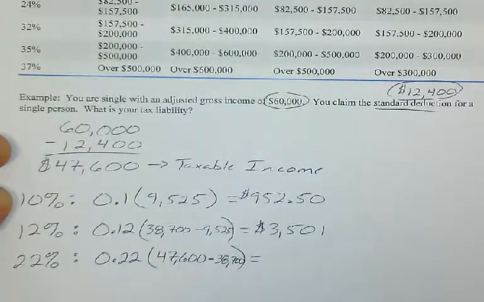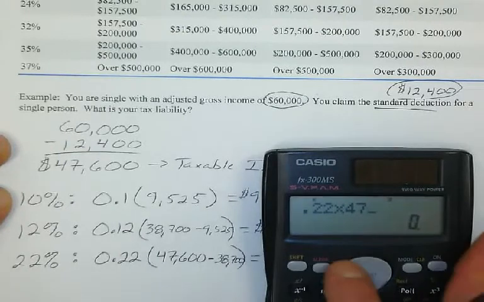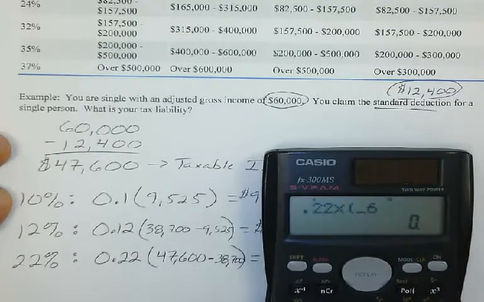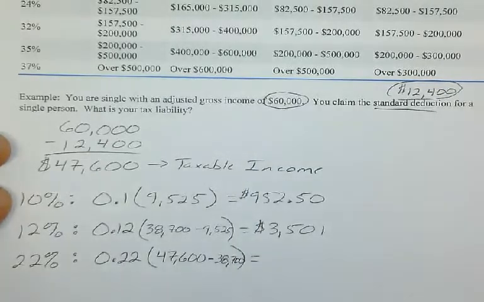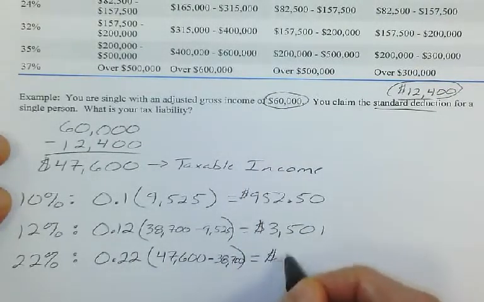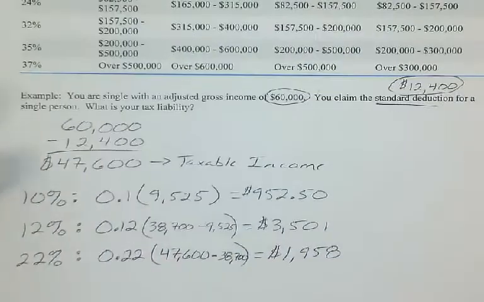On the calculator: 0.22 times, I need parentheses here, 47,600 minus 38,700, enter. That gives $1,958.